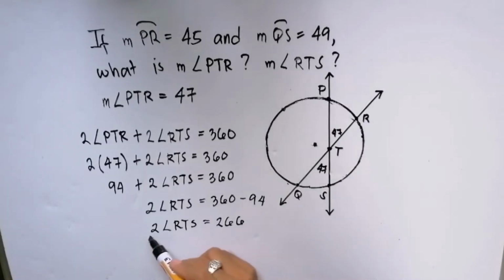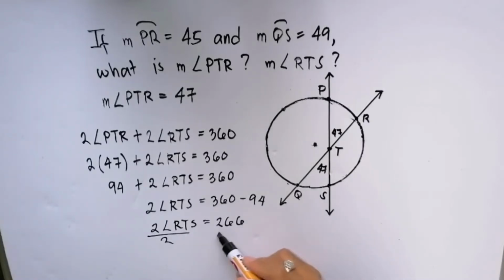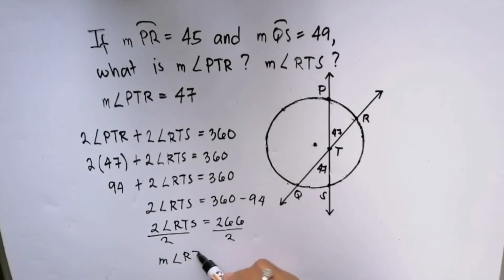Then divided by 2. So the measure of angle RTS is equal to 133.